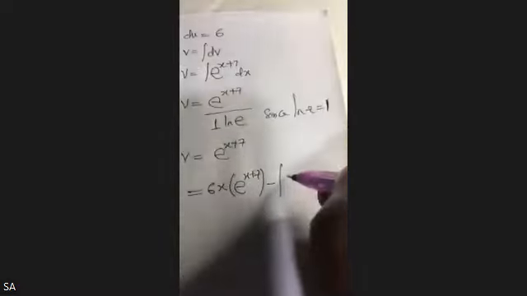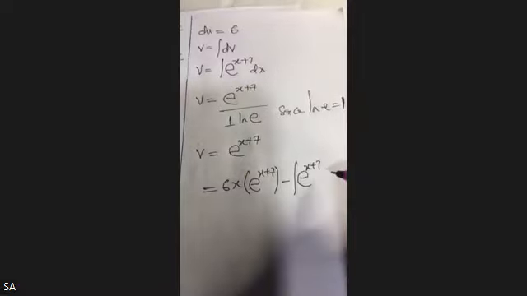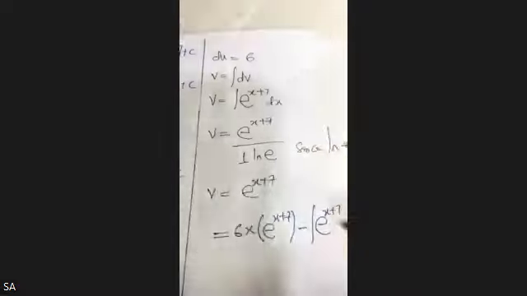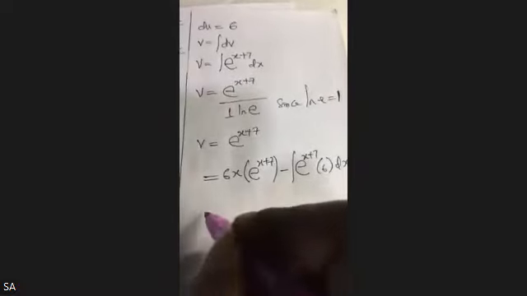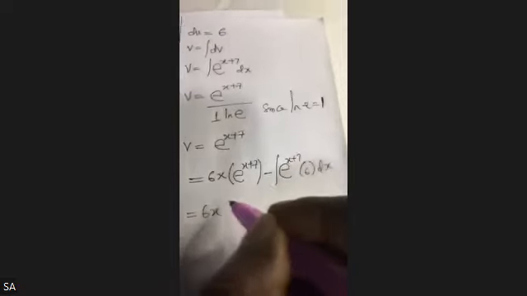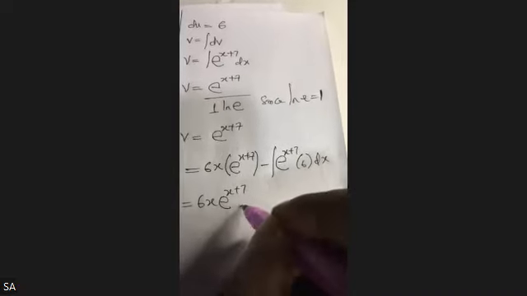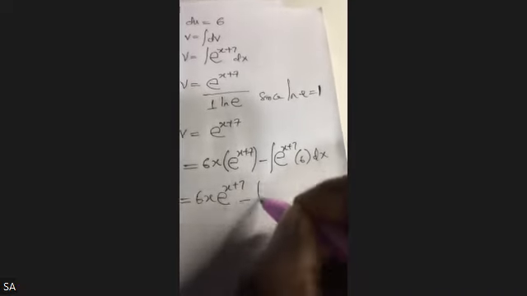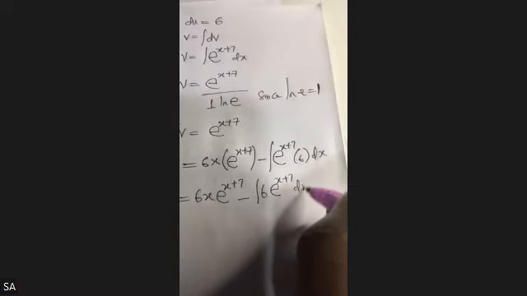What is our v? Our v is e raised to power x plus 7. Then what is du? du is 6. Then we put dx. So this gives us 6x e raised to power x plus 7 minus integral of 6 e raised to power x plus 7 dx.